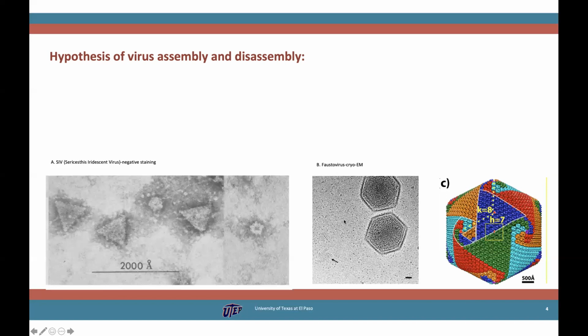So another hypothesis thinks that for a viral capsid, the assembly mechanism is that it starts from some tip, like here, and then it grows the entire viral capsid by adding capsid proteins one by one.